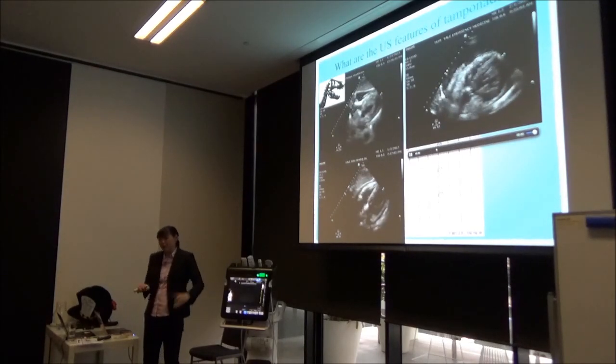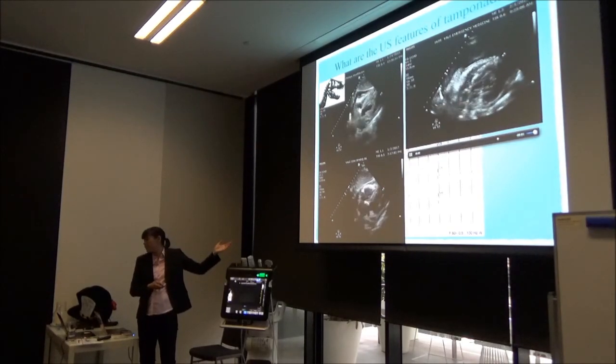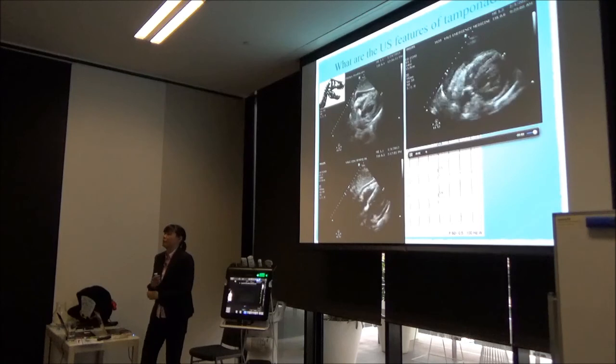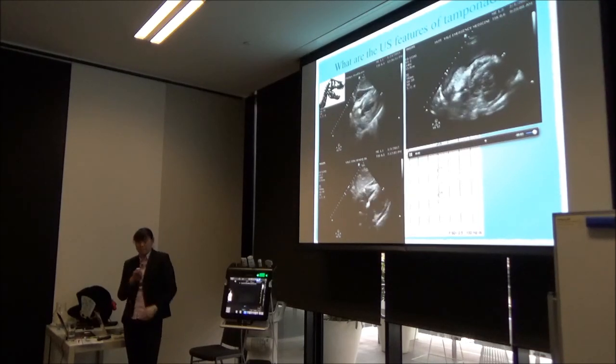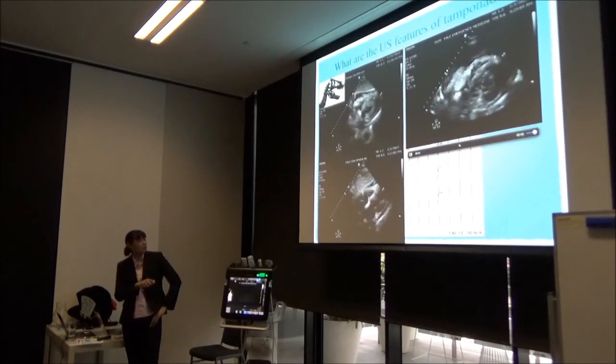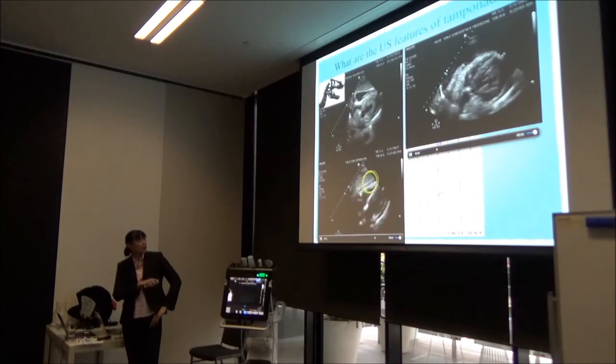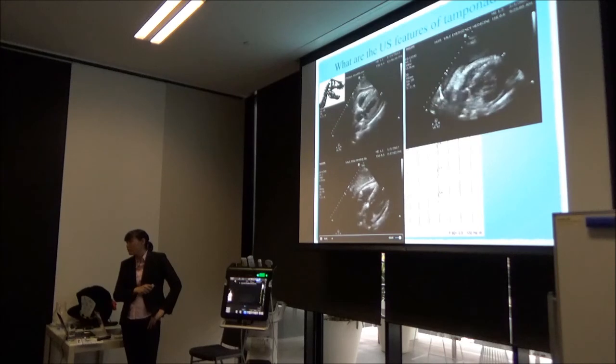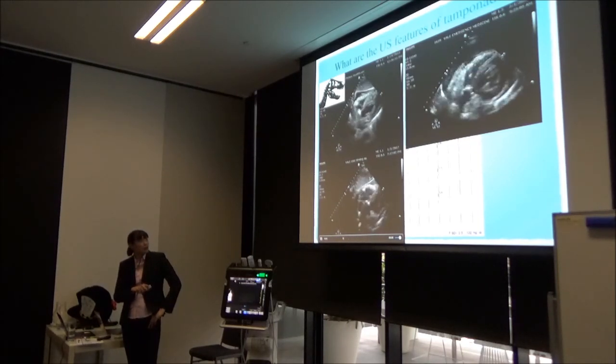Okay, subxiphoid view, right? Does this worry you? Yeah. So we have an effusion. Is it tamponade? Anyone? So we're looking for an effusion that goes all the way around, which it does. Do I see any collapsing of the RV free wall at the apex?